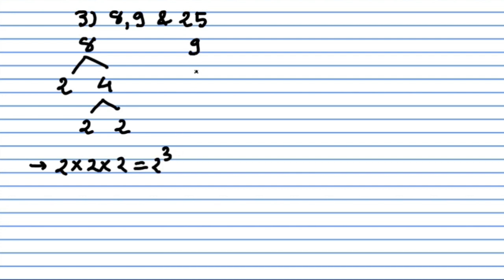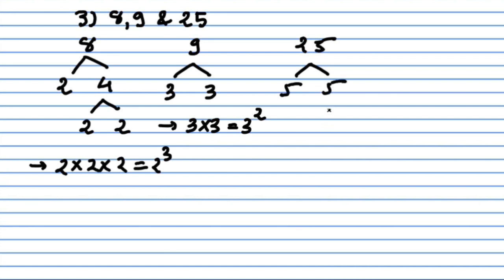For 9, which is an odd number, we have to divide it by 3. So 3 and 3. Now 3 is a prime number, so the factors are 3 into 3, which is 3 square. For 25, we have to divide it by 5. 5 fives are 25. 5 is a prime number, so there are no other factors. So the factors are 5 multiplied by 5, which is 5 square.